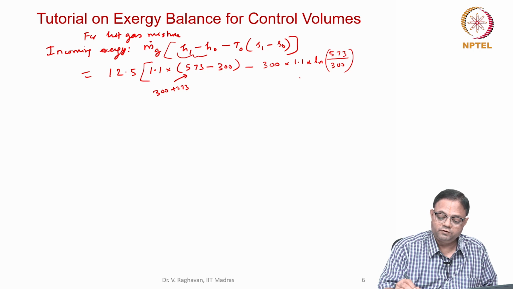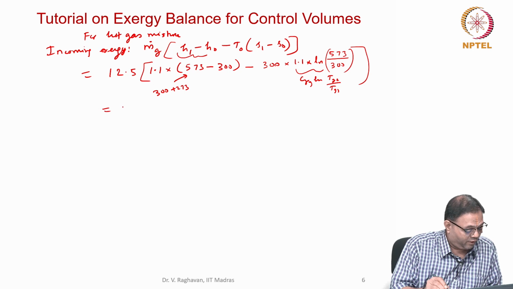So this is Cp ln Tg2 by Tg1, Cpg. That is what this term is. When you substitute this, I get the value for incoming exergy as 1084.45 kilowatts.